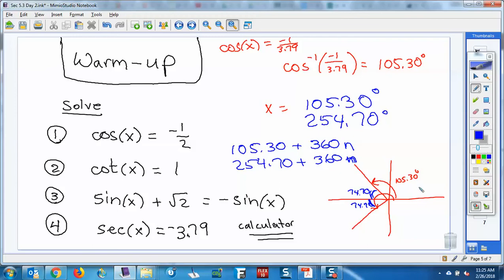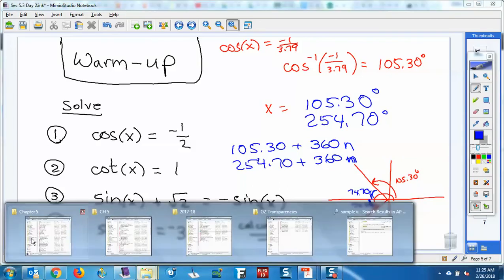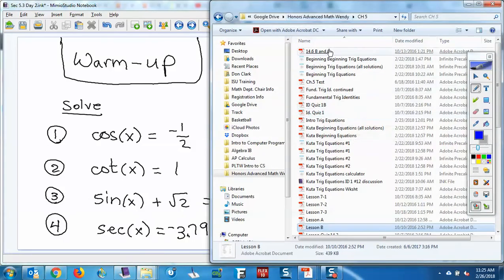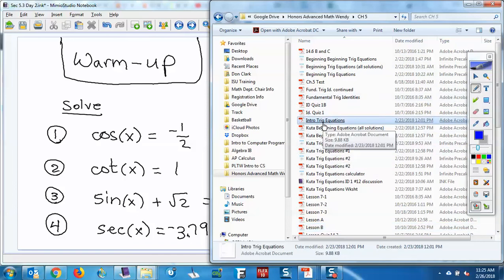Let's just read through the answers here real quick. I think I've got it. Maybe I do. I think I have them in my notes here. What did these say? Intro. What did it say at the top? Intro trig functions.